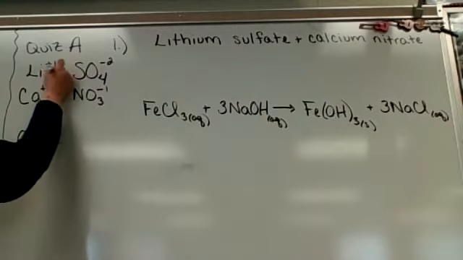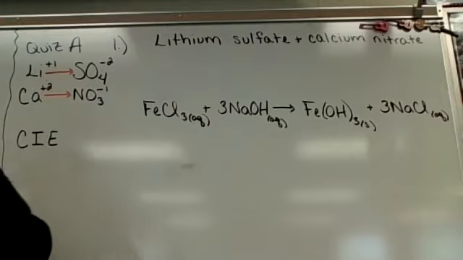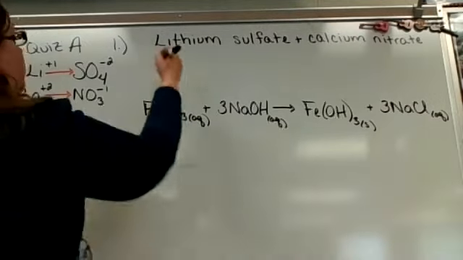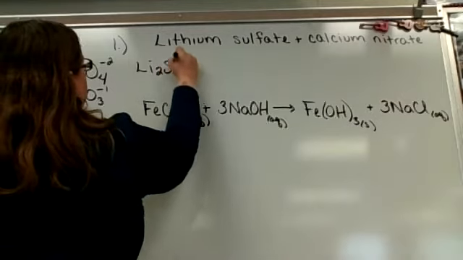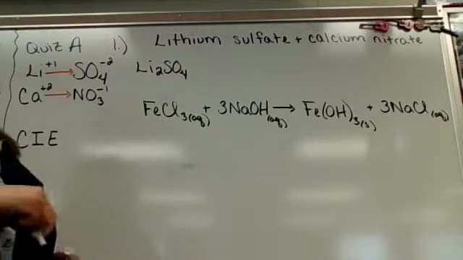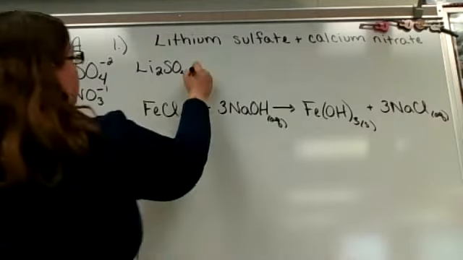So you're going to go across for your reactants. So Li plus 1 and SO4 minus 2. You swap your charges and you get Li2SO4. Now the problem said that we have solutions.